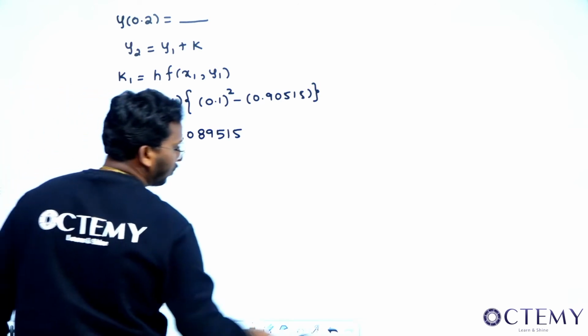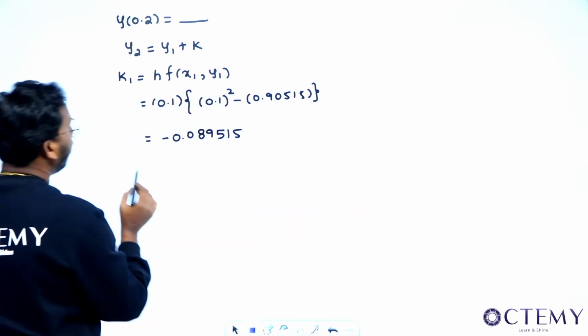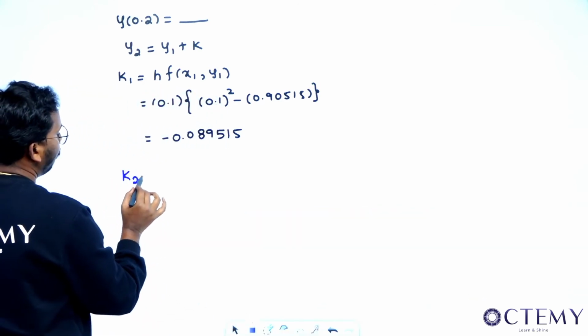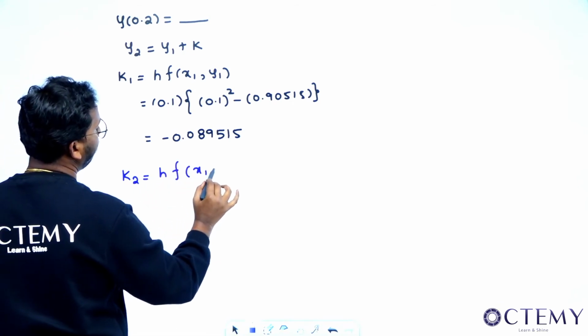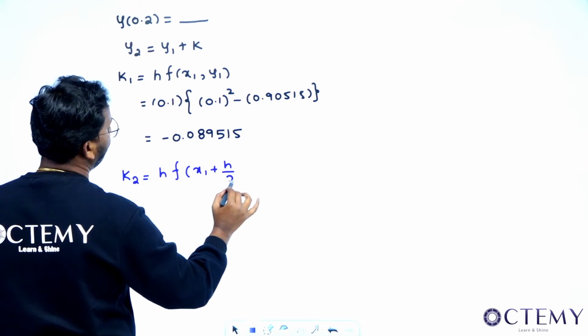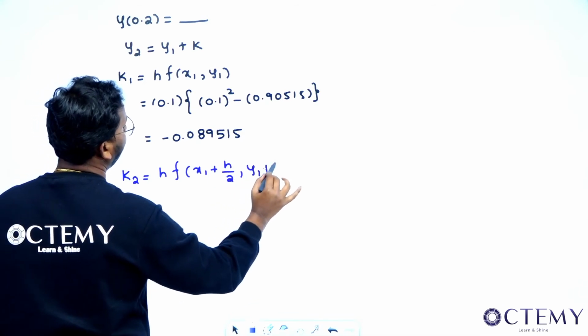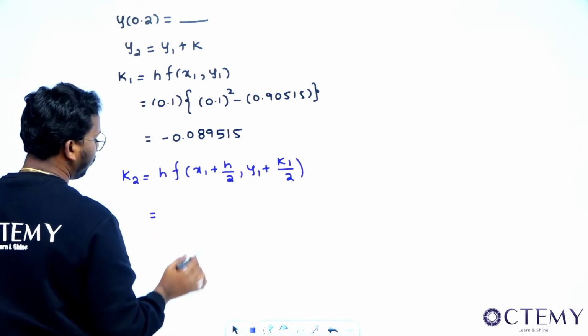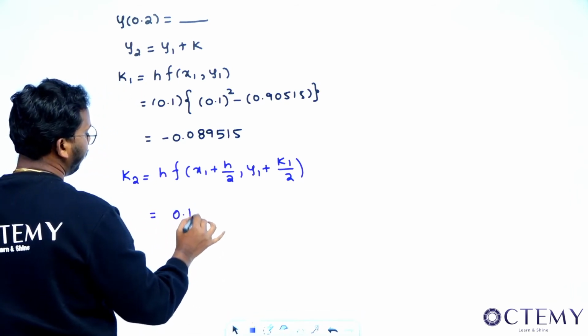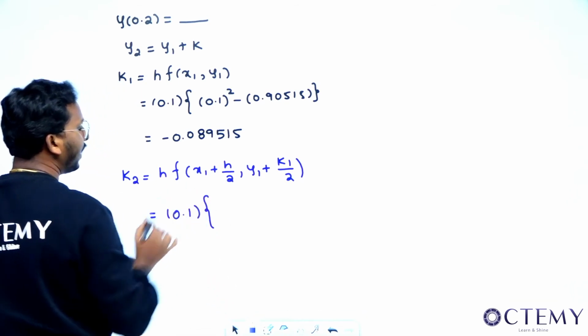Let me find K2. What is the formula for K2? That is h times f of x1 plus h by 2, comma y1 plus k1 divided by 2. If you substitute that, it becomes 0.1 into, what is x1?